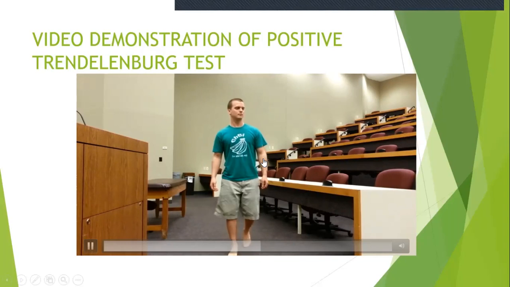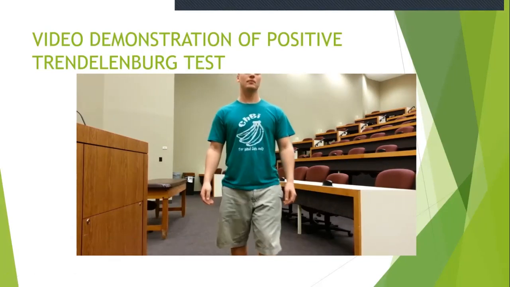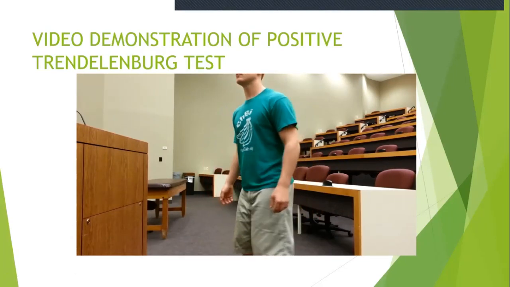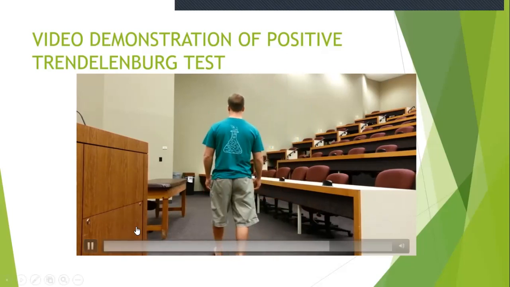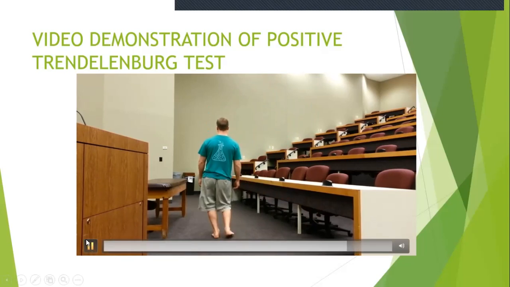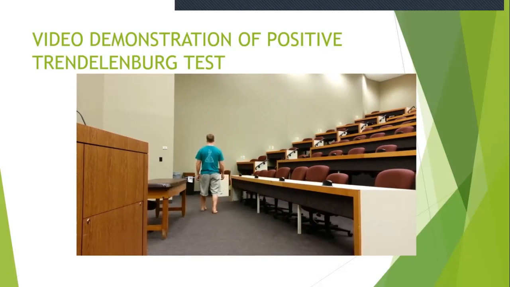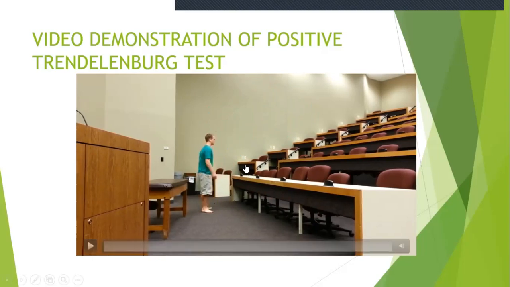So this is a Trendelenburg. I hope you have seen how it presents clinically. The next time you see a person walking like that, that is not a swagger. They are suffering from a lurching gait. So that is the video demonstration of a positive Trendelenburg test.